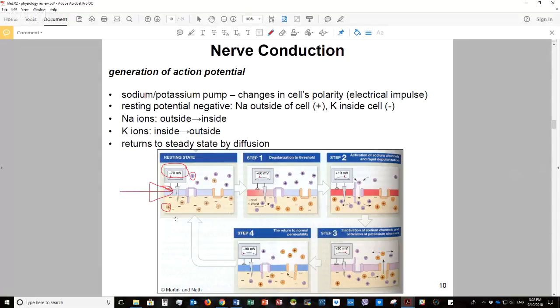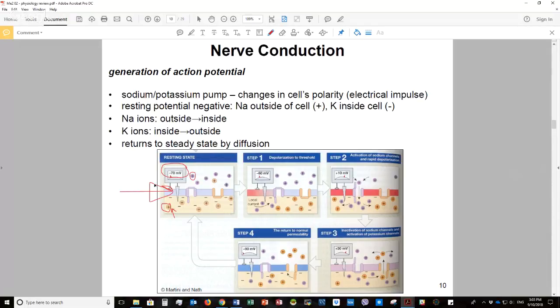Well, there are fewer potassium ions inside than there are sodium ions outside. Also, these negative charges you see here are proteins within the cell that happen to be negatively charged. So the combination of this environment creates a charge of negative 70 millivolts inside compared to the outside.